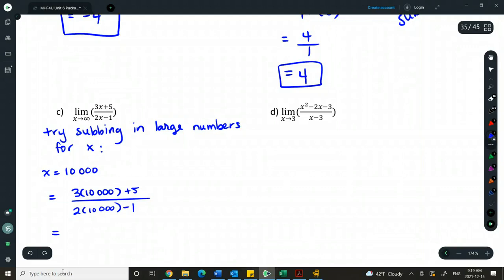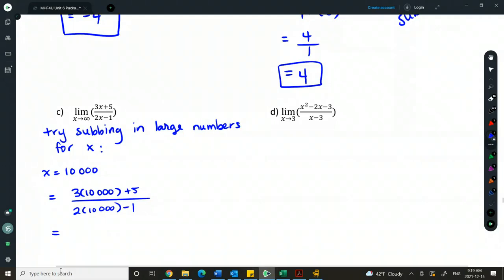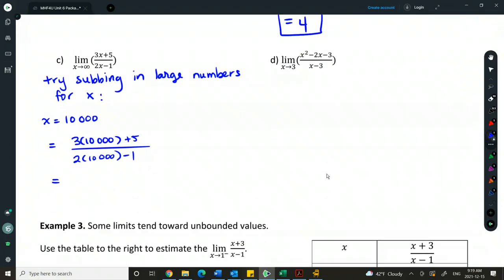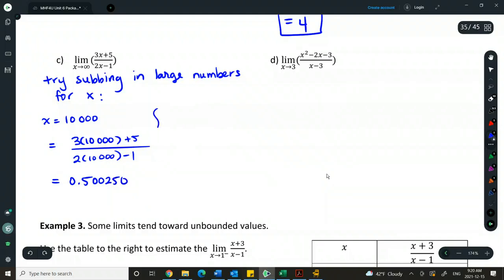What do we get? 1.5, exactly. Okay, let's try an even larger number.